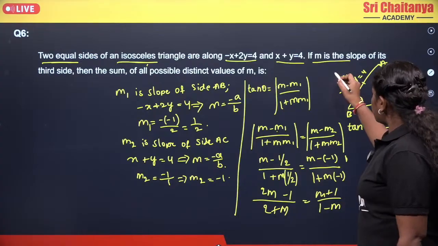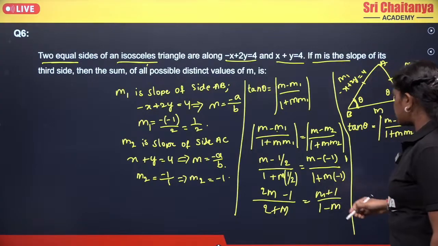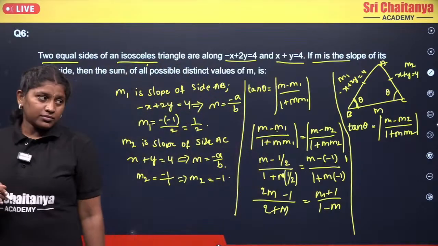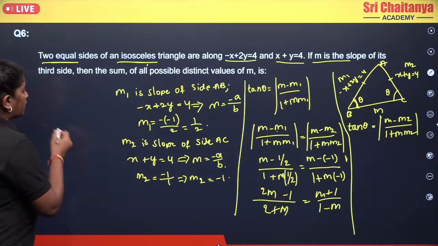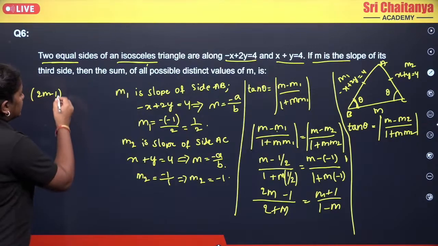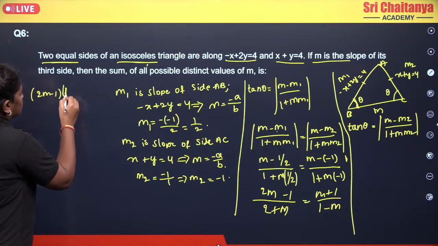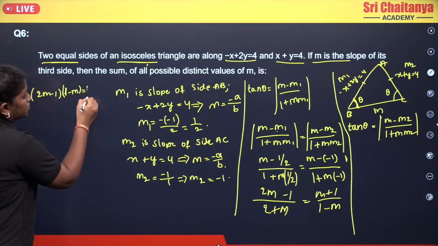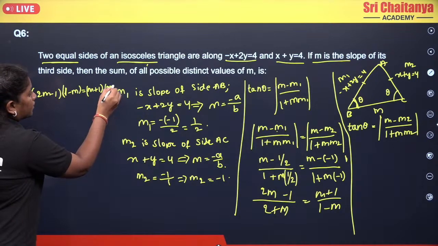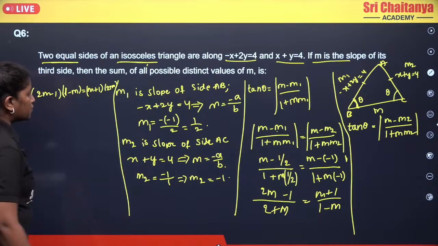Okay, so finally we got one of the relations. Simplifying it, we get 2m minus 1 into 1 minus m equals m plus 1 into 2 plus m. Okay, so this is the equation you will be getting.